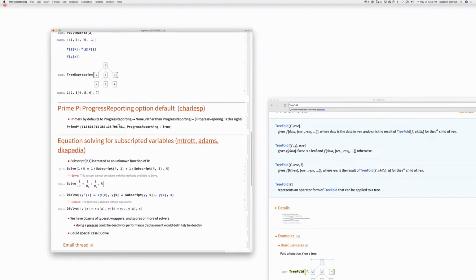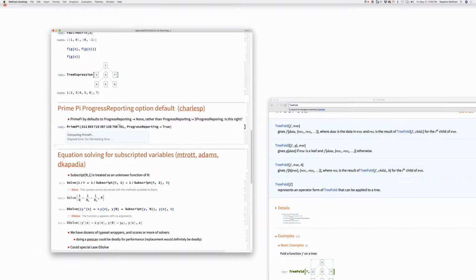Much appreciated. All right. The question is, why does it not have a remaining time? Because we have no idea of the time it will take to compute.